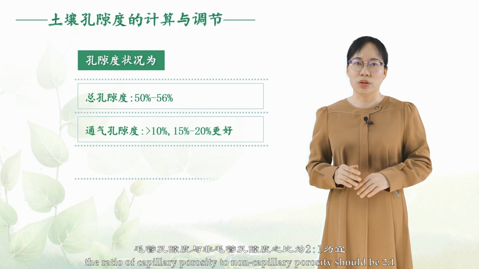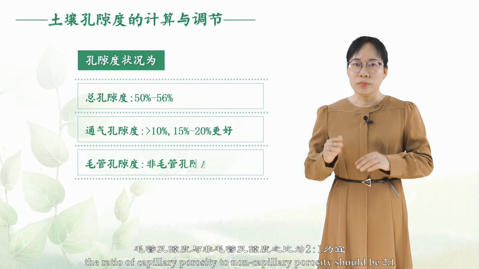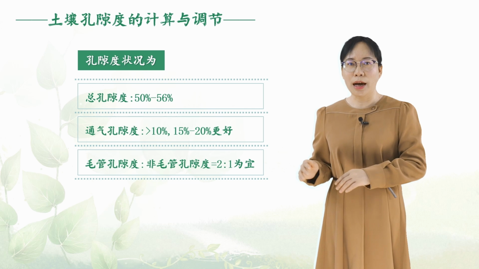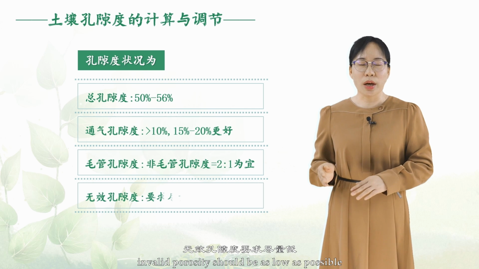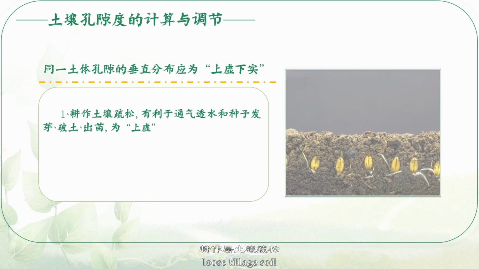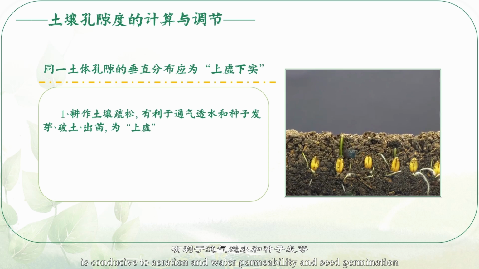The ratio of capillary porosity to non-capillary porosity should be 2 to 1. Invalid porosity should be as low as possible. The vertical distribution of pores in the same soil should be loose at the top and solid at the bottom. Loose tillage soil is conducive to aeration, water permeability, and seed germination.